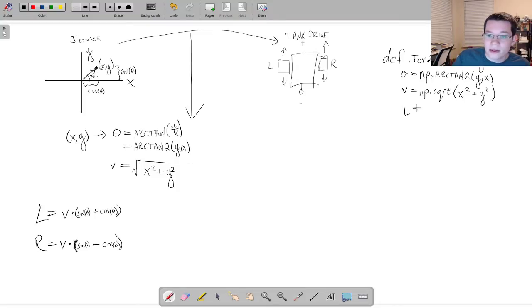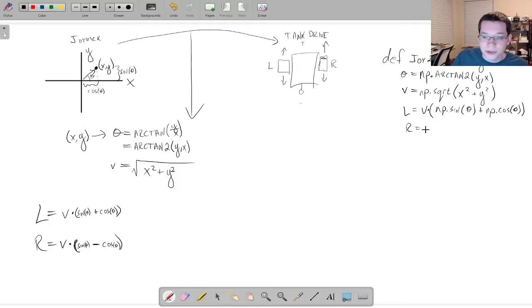And then L is just v times sine theta. So again, it'll be your math library, np dot sine of theta plus np dot cosine of theta.